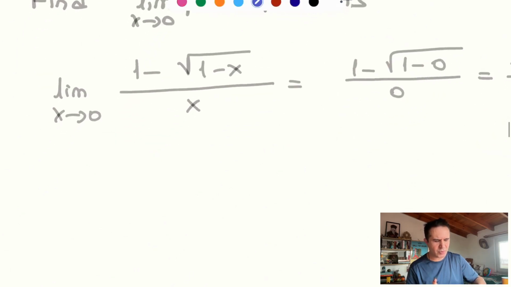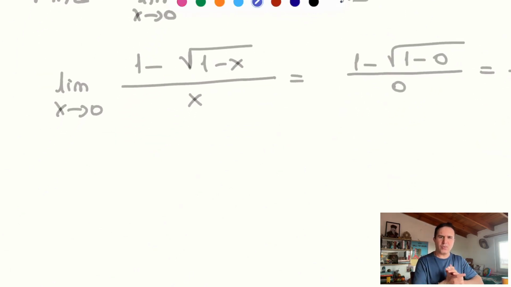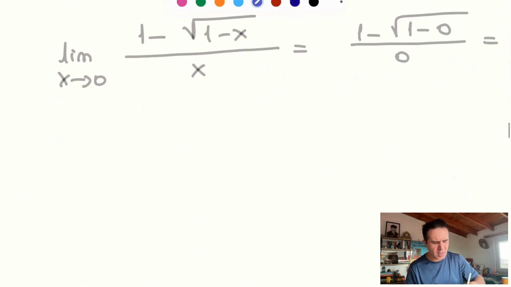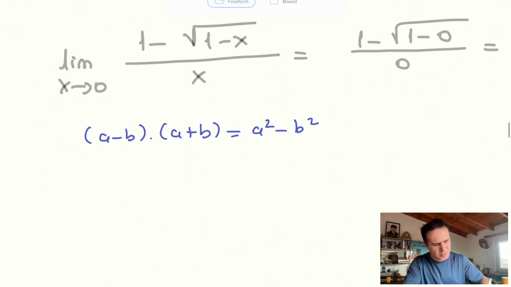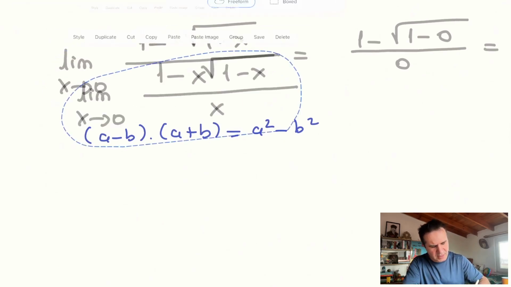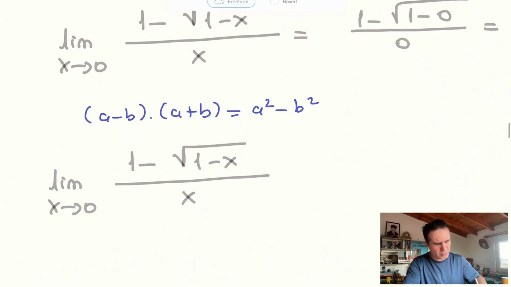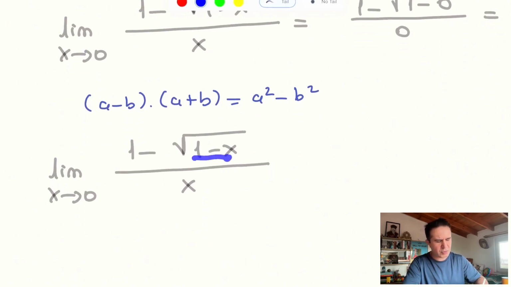Let me remind you what the identity of the difference of squares was. If we have a minus b multiplied by a plus b, this is equal to a squared minus b squared. Now we have the limit as x goes to 0 of (1 minus the square root of 1 minus x) divided by x.